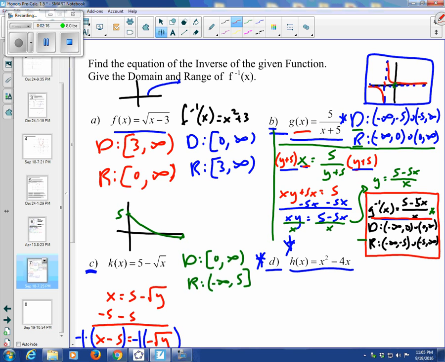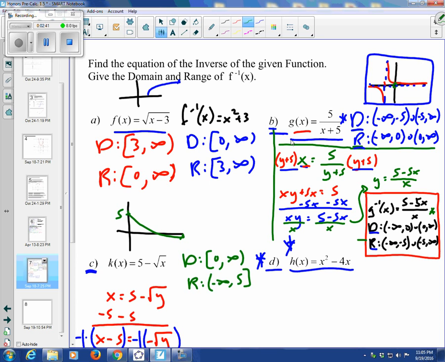And of course, for this inverse, I'm going to bring both these down so we can see it a little better. We are going to have a domain, which is the range of the original function, and a range, which is the domain of the original function. Now, this is the relationship between most functions and their inverses.